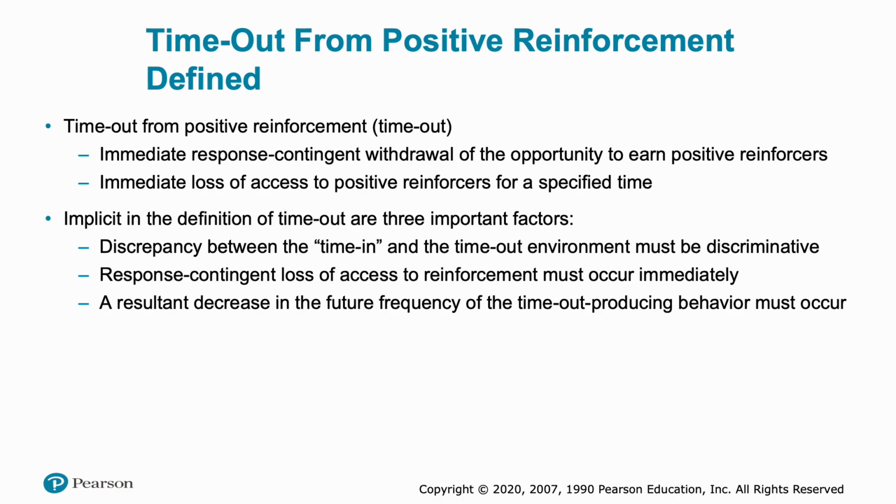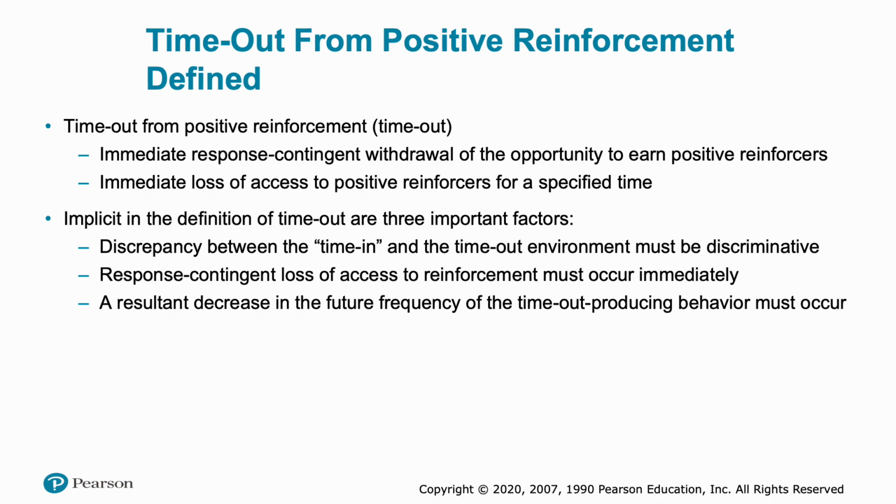Okay, then you want the loss of reinforcement or the loss of access to reinforcement to be immediate. So following the occurrence of whatever problem behavior. Following the occurrence of that problem behavior, the loss of reinforcement or the loss of the opportunity to earn reinforcement needs to occur immediately.